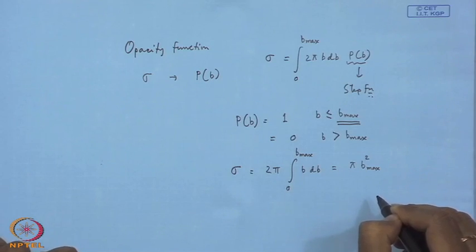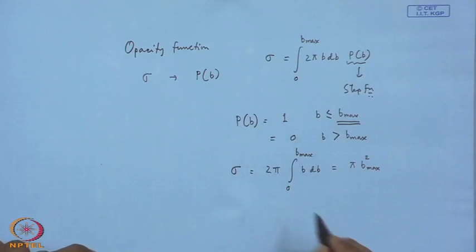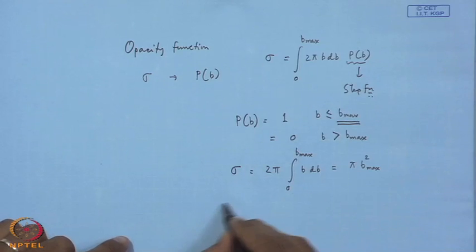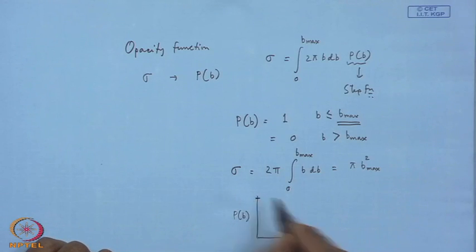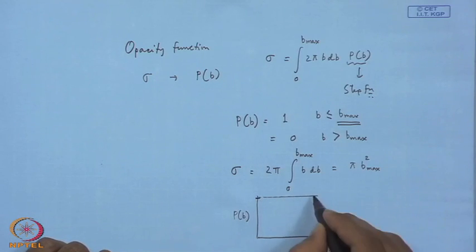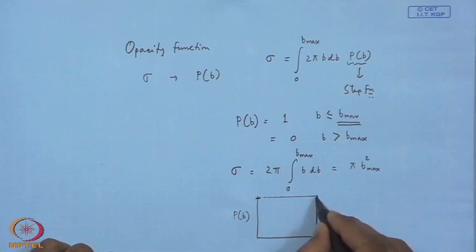So, you have got your Pb as 1 for a certain value; its graphical representation is Pb, say 1, it remains this much, and this is your B max. Beyond B max, it is just like a step function, a square pulse kind of thing.